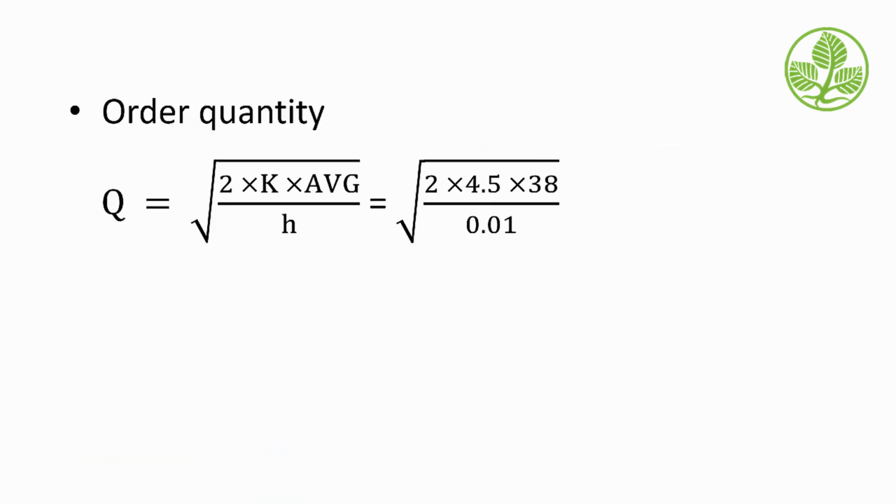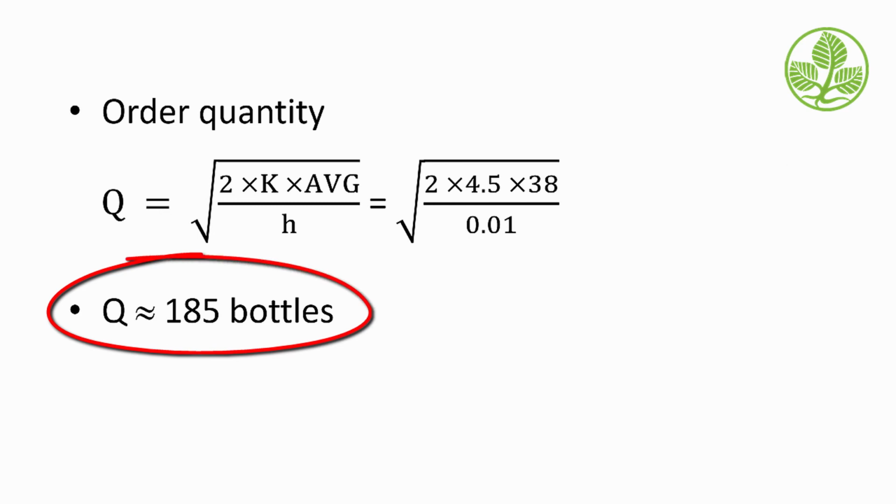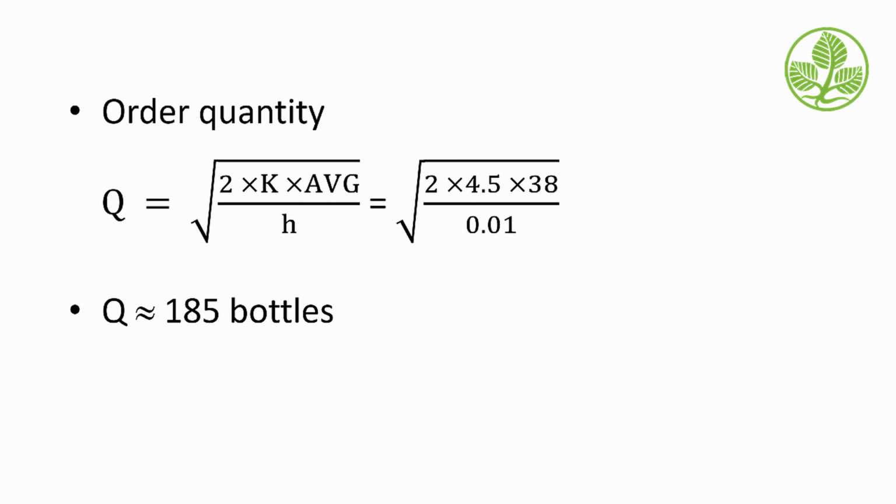The last step for Paul is to calculate how many bottles he should order. Paul uses the formula for the economic order quantity. Entering all relevant data into the formula, Paul receives the result of 184.93. Thus, if you also round up this value, Paul should order 185 bottles. This way, he minimizes total cost.